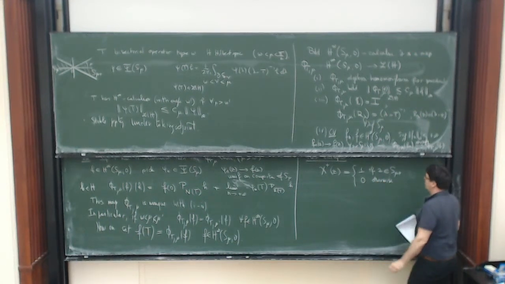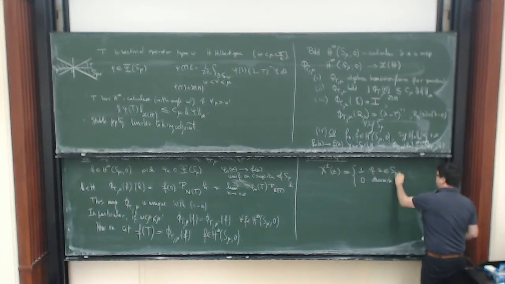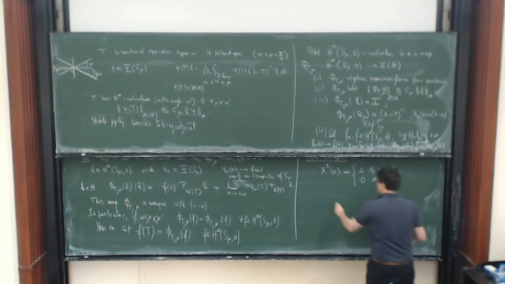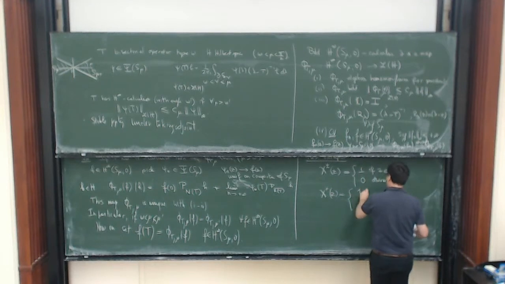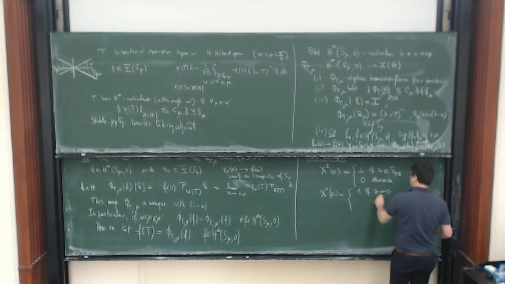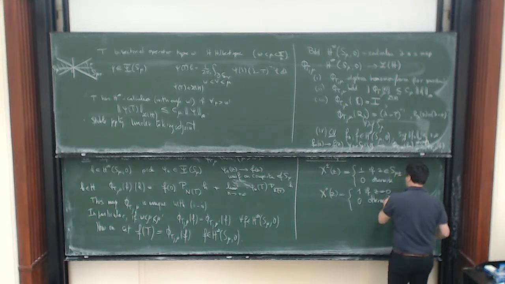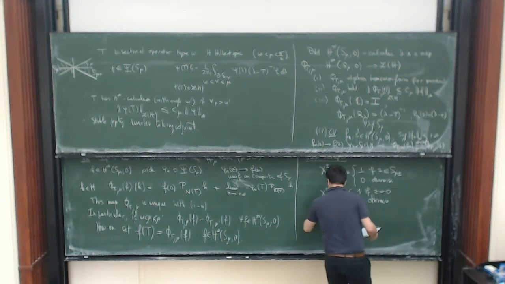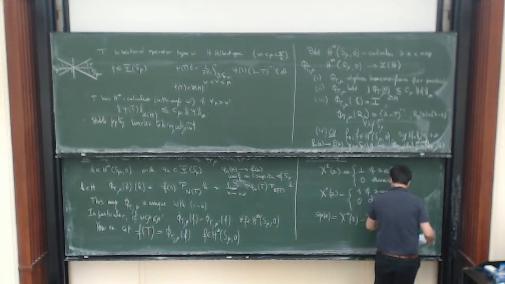Then, of course, you can define a minus function by changing the plus to minus. You can define a 0 function, chi 0, to be just 1 if z is equal to 0 and 0 otherwise. It looks stupid, but it's useful. And you can also define a signum function, which is the difference of the plus and minus functions.